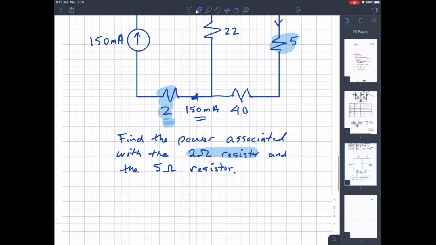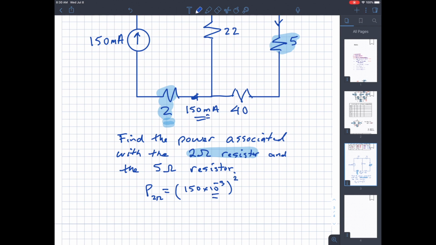So the power for the 2 ohm resistor is going to be I squared, so 150 times 10 to the minus third amps. That's what the milli is for; you put the 10 to the minus 3 to take care of the milli.